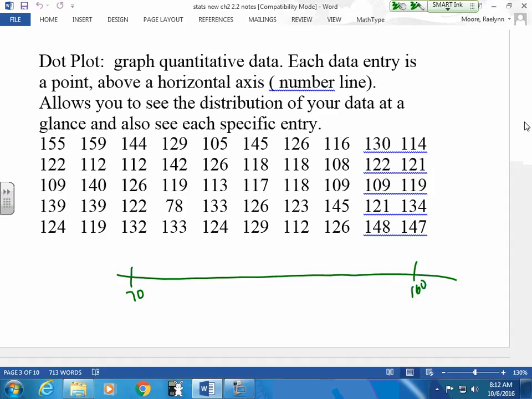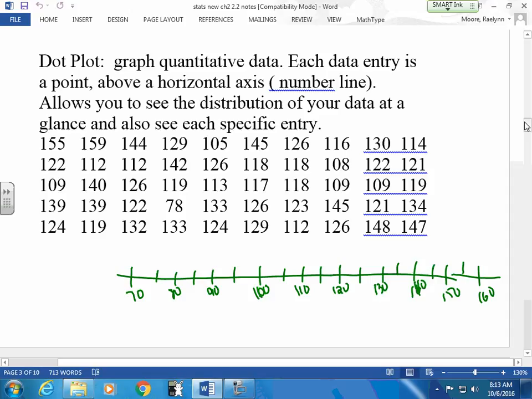And you could do this by 5s, you could do this by 10s, whatever it gets to get you to 160. And then what you do is, now whatever it takes to get there, again, just make sure you have a continuous number line.